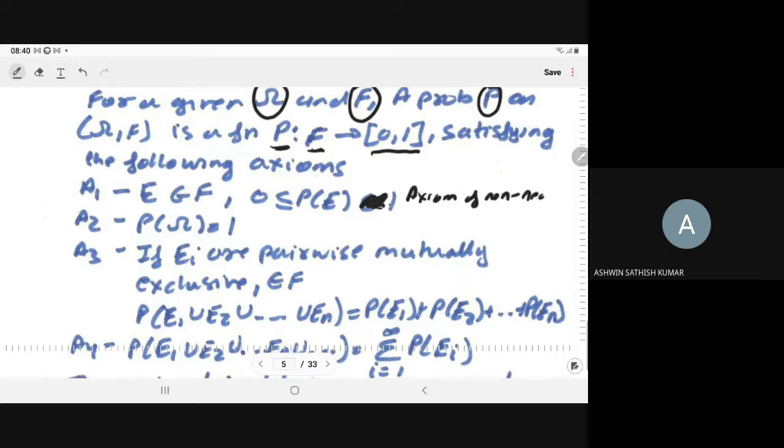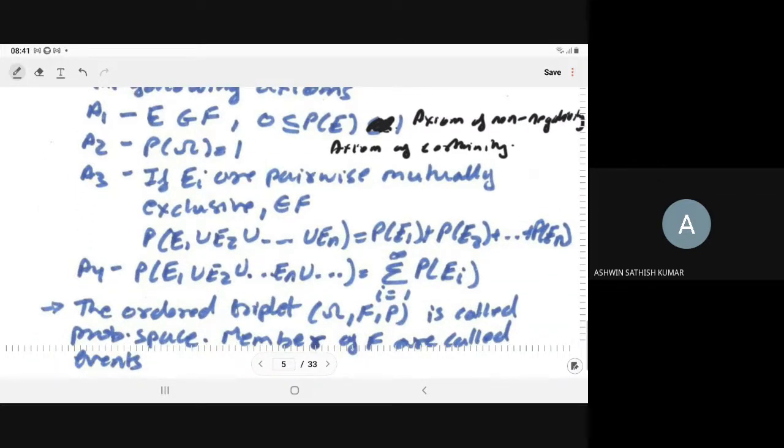Then the probability of the certain event is equal to 1. That is the axiom of certainty.